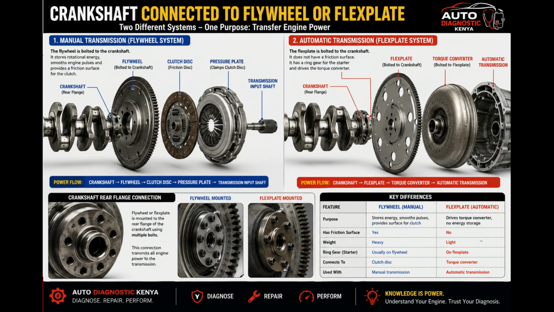Flywheel top dead center reference. The flywheel can also have a reference point that represents top dead center. Top dead center, TDC, that's the meaning. That is the position where the piston reaches the top of its stroke. The reference point can be detected by a sensor, and this information can be used by the engine management system.